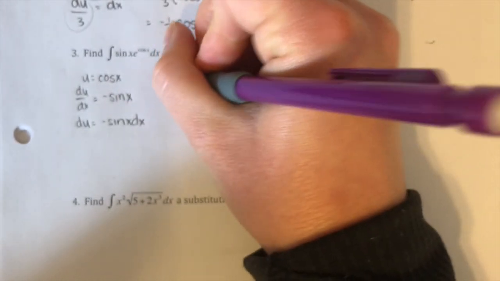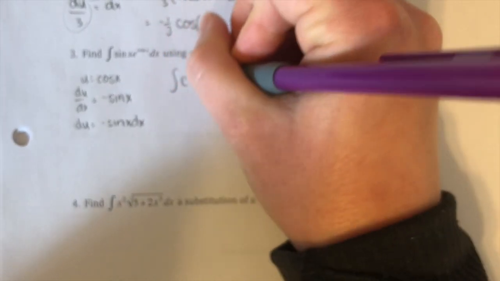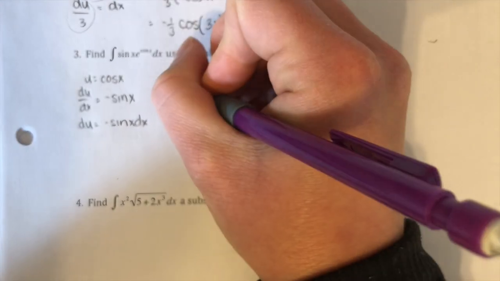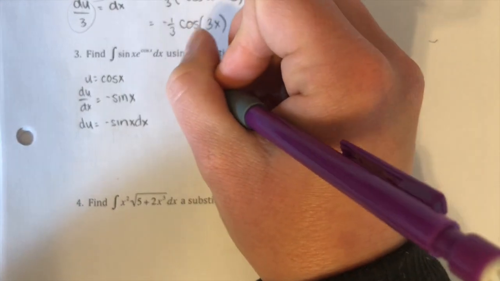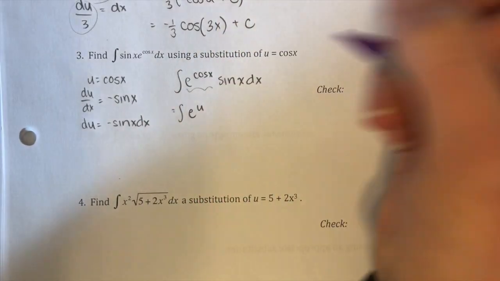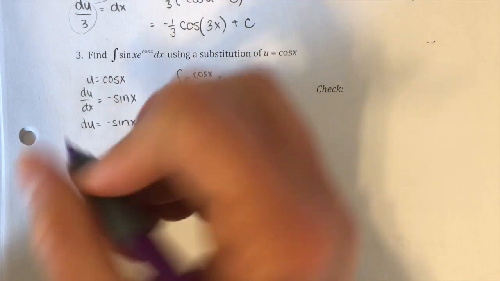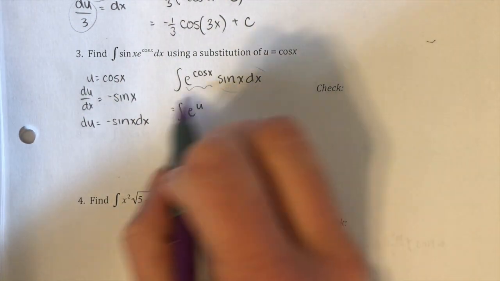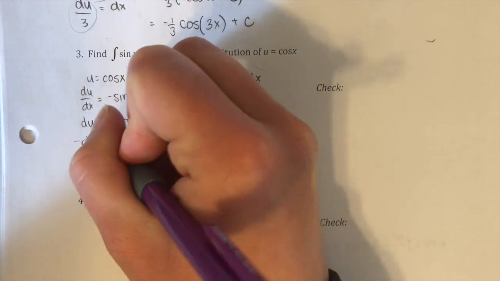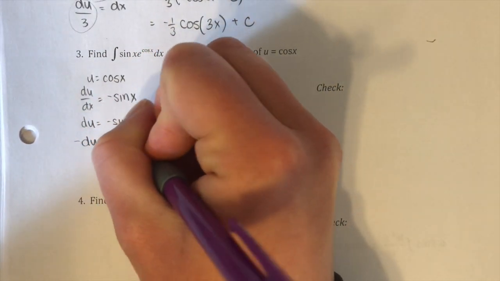So then the integral here, I'm going to rearrange it a little bit. So e to the cos x times sine x dx. Here is e to the u, and then times, notice how again, to get this, I need to multiply the negative across and get negative du is sine x dx.